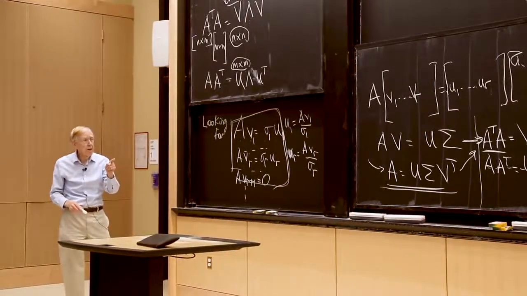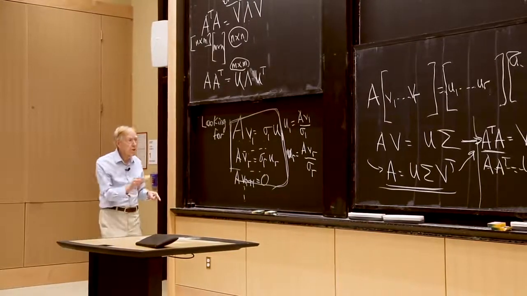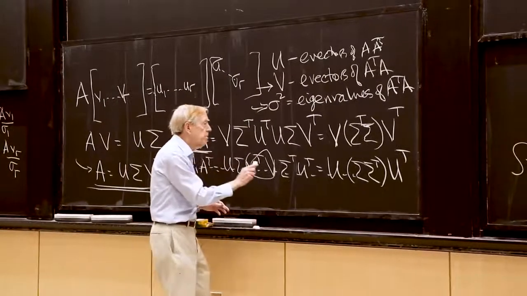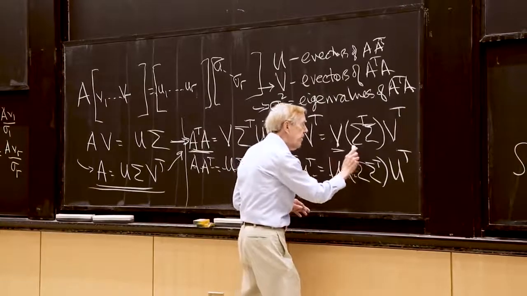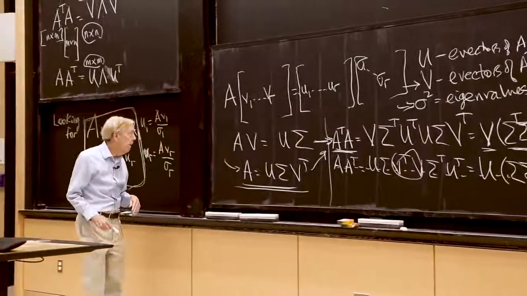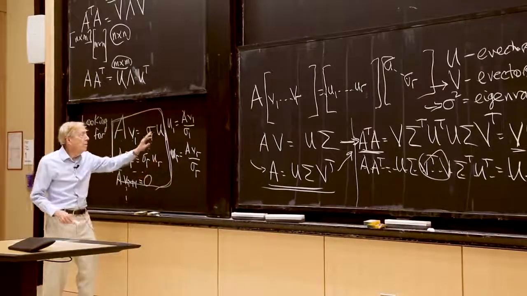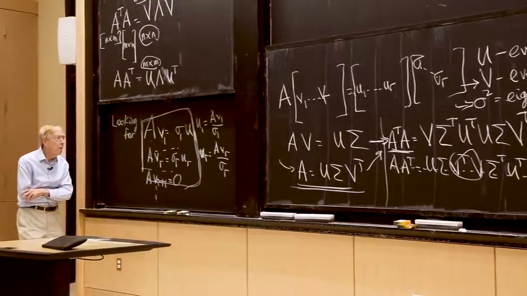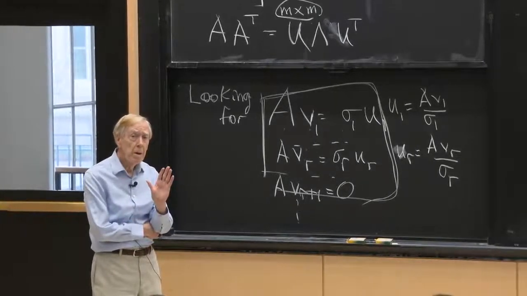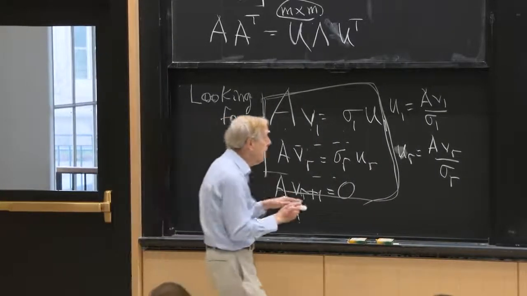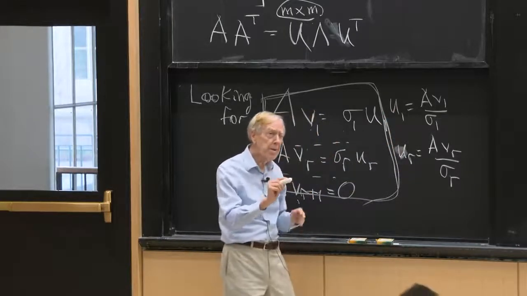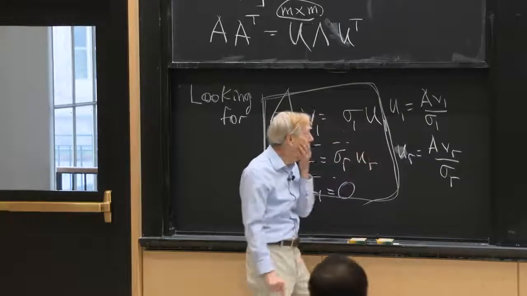So I've chosen the V's, I've chosen the sigmas. They're fixed for A transpose A. The eigenvectors are V's, the eigenvalues are sigma squareds, okay? And now this is the U I want. Are you with me? I want to get these U's correct, and if I have a whole plane of possibilities, I've got to pick the right one.